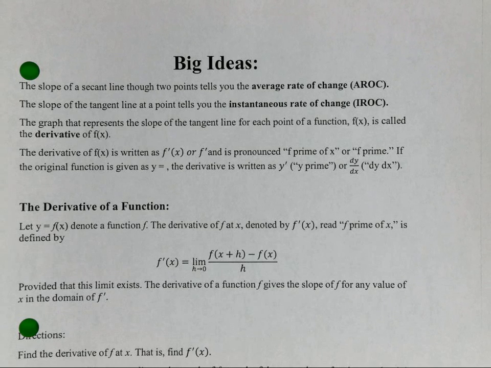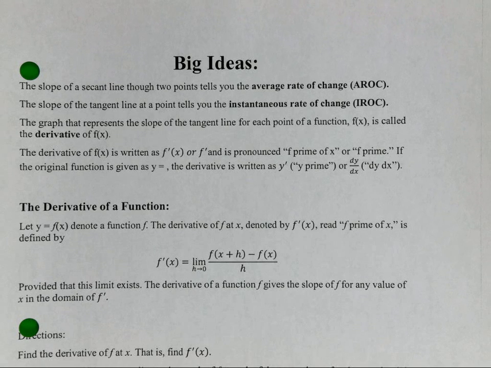Now, this is how the derivative is written. The derivative of f of x is written with a little apostrophe, f prime. You can read it as f prime of x, or just f prime.